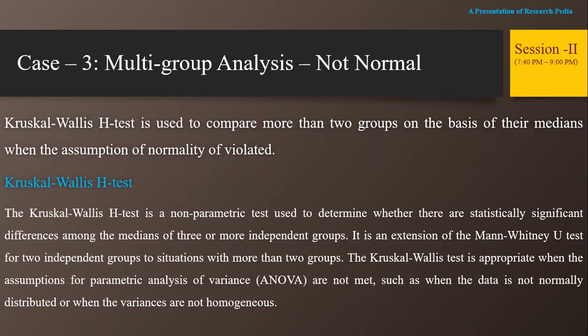So it is an extension of the Mann-Whitney U test for two independent groups to situations with more than two groups. The Kruskal-Wallis test is appropriate when the assumptions for parametric analysis of variance are not met, such as when the data is not normally distributed or when the variances are not homogeneous.